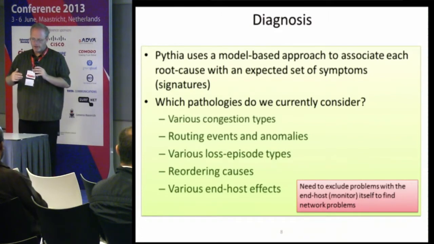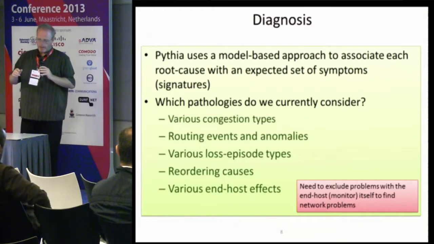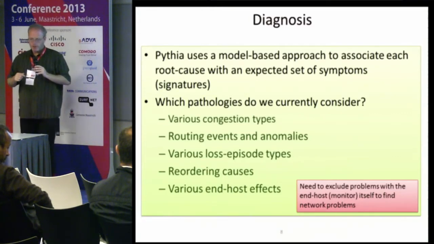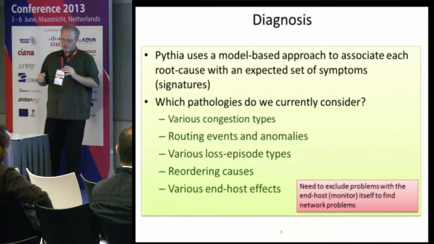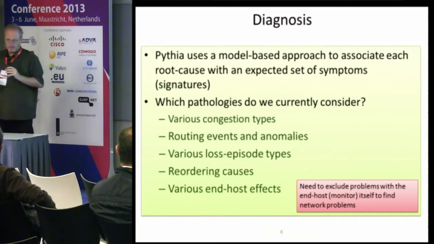That's how we try to assign a diagnosis. So we've got some congestion types, routing events, various loss events. We don't see a lot of reordering, but we do see a lot of end host effects.